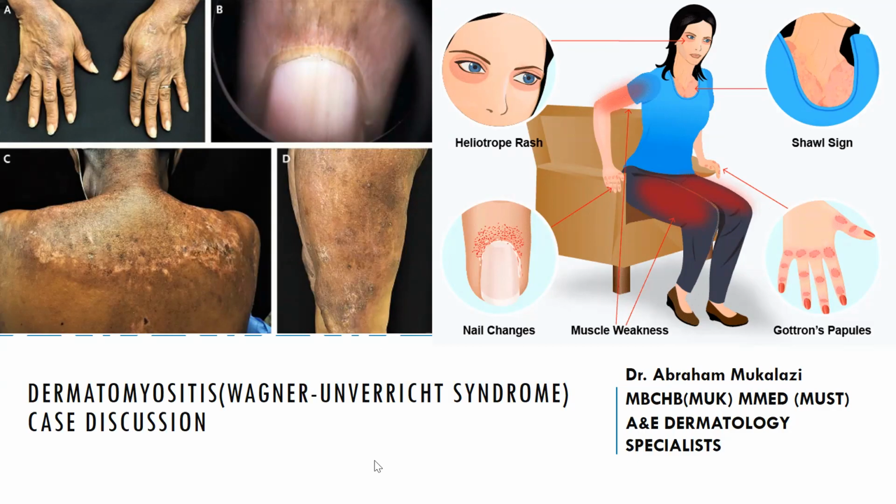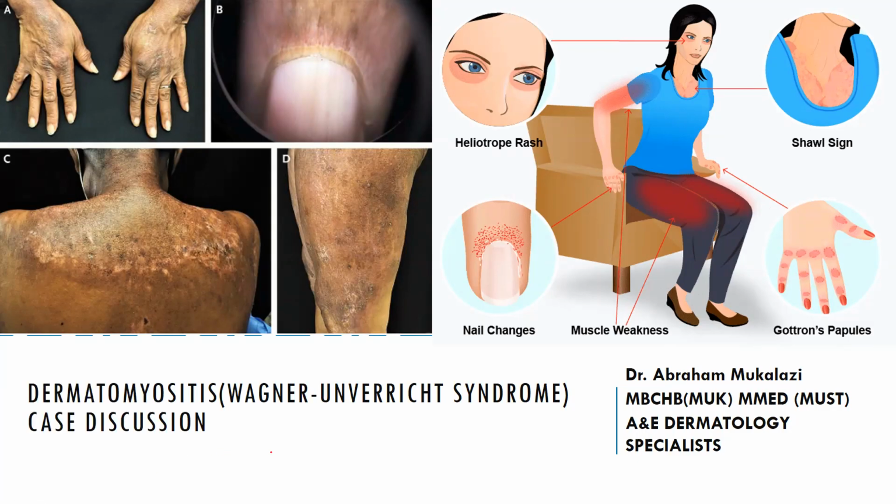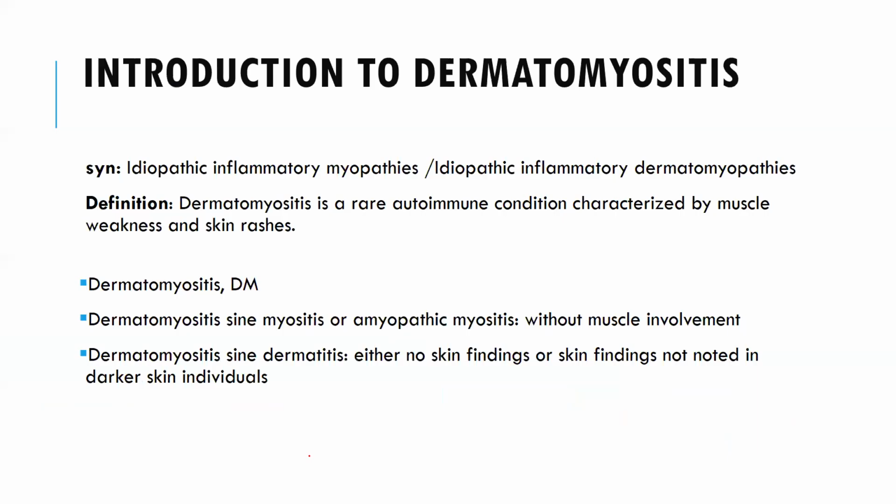So in your body, we have what we call connective tissues. That includes the ground substance. It includes your muscles. It includes the fascia, and all these connective tissues can get disease. So one of them is dermatomyositis.